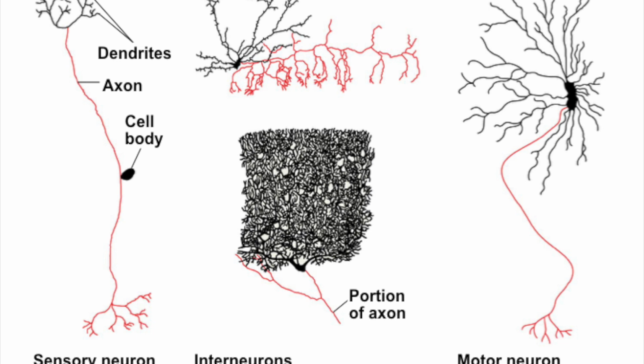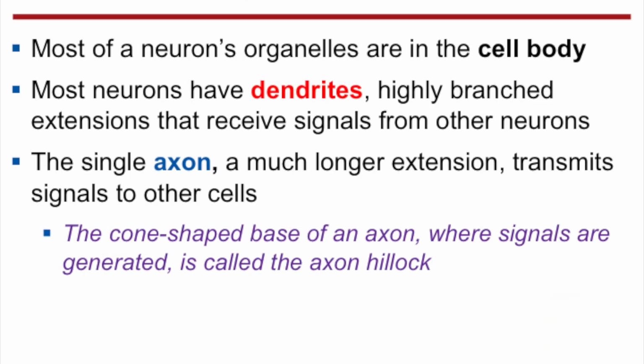Here in this picture you have a sensory neuron, an interneuron, like what's inside your brain, and then a motor neuron. We would have a discussion about why in the motor neuron the black part is so branched out, where in the sensory neuron it's very small. It has to do with receiving a signal versus sending one. And if you look at the interneurons in the brain, they're all interwired.